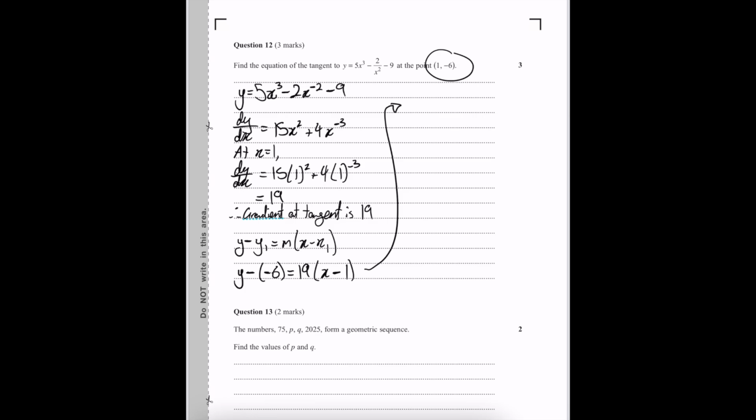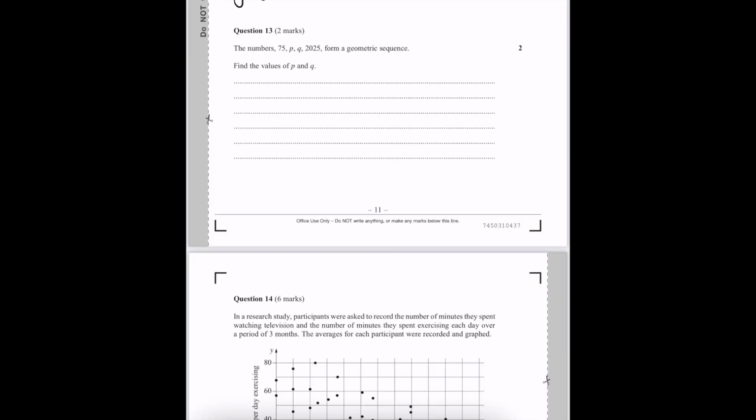Then we have y plus 6 is equal to 19x minus 19. And then we have y equals 19x minus 25. And that's our answer.